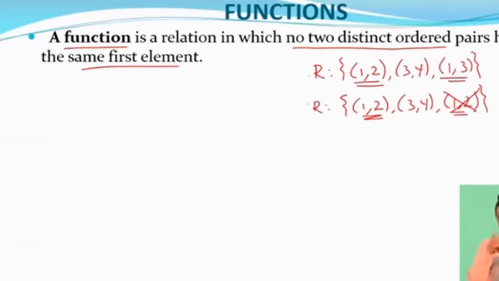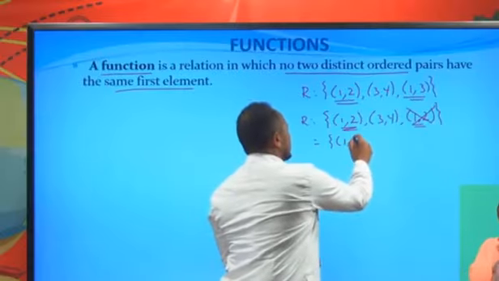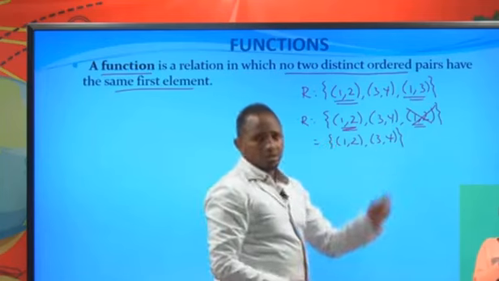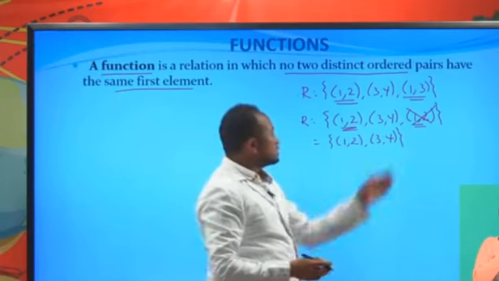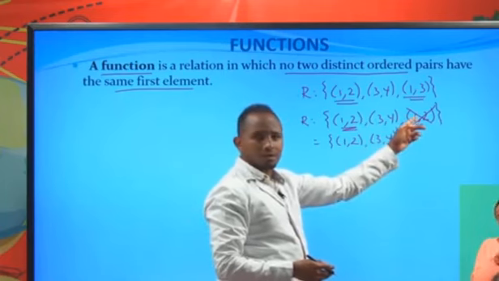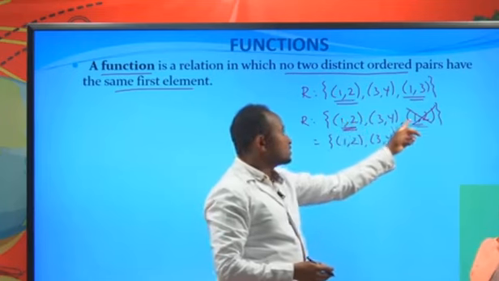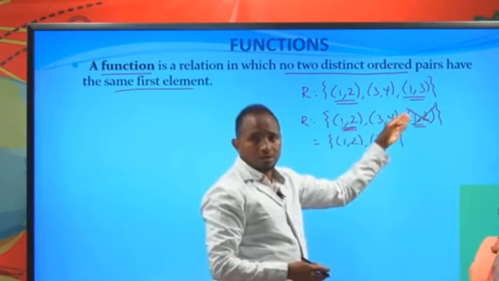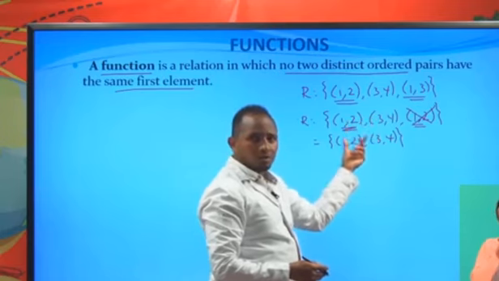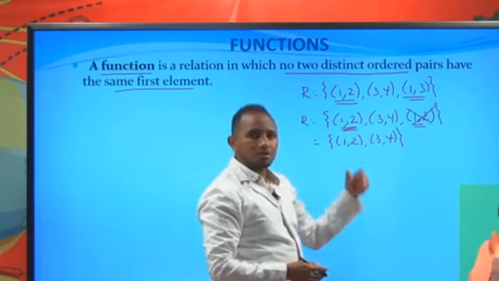I can write this in this form: {(1, 2), (3, 4)}. As you can see, the first element is not repeated. Hence this will be a function. These two are the same because you can cancel one, so you can reduce this to this form. Since the first element is not repeated, this one is a function.